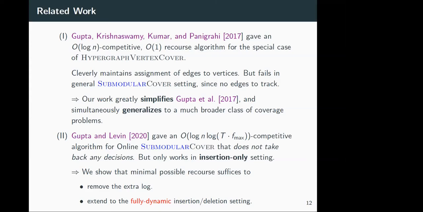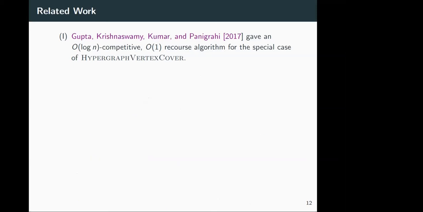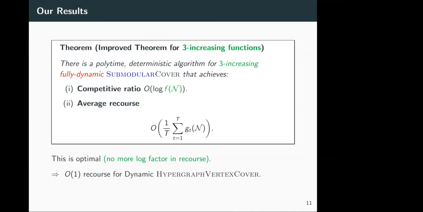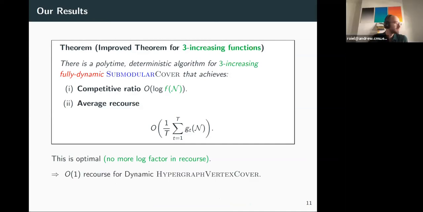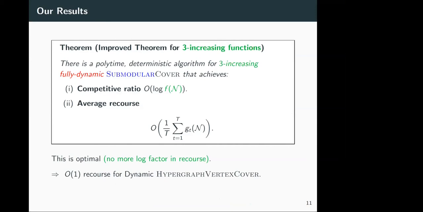I had a question. This log in the competitive ratio is kind of necessary when your coverage functions are such that you strictly have to maximize your submodular covering function, or vertex cover everything. Have you thought about if I only have to approximately cover everything, so my problem looks less like set cover and more like max coverage, then can you get constant competitive ratio and still low recourse?